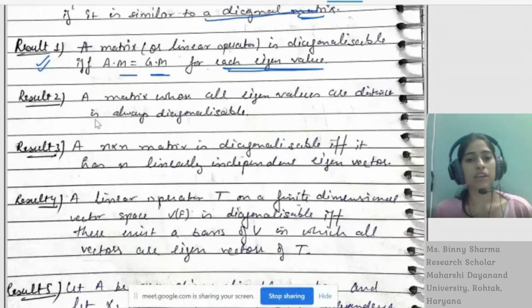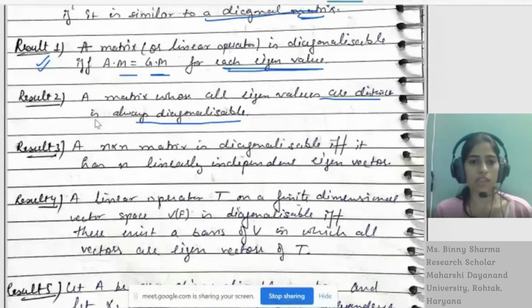Result 2 says a matrix whose eigenvalues are all distinct is always diagonalizable. The reason is, if we have lambda 1, lambda 2, lambda 3, three distinct eigenvalues, the algebraic multiplicity of each eigenvalue will be 1.